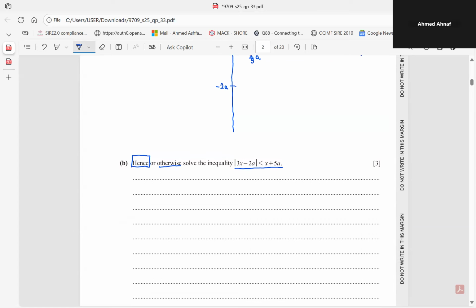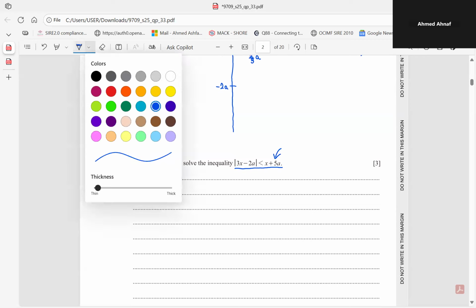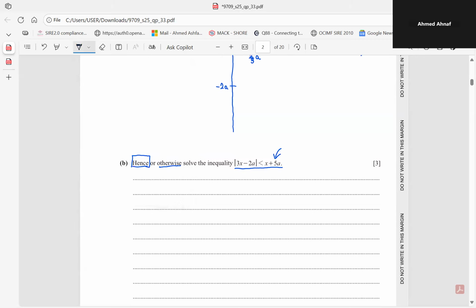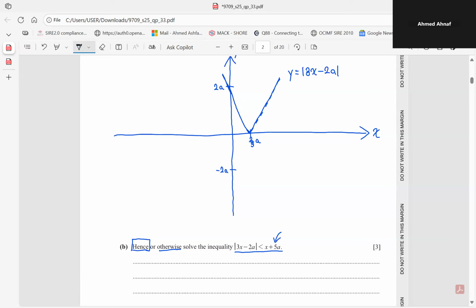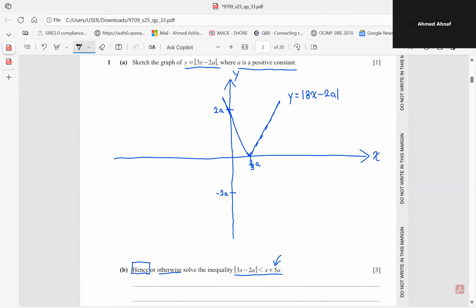Let's sketch this function right here, y equals x plus 5a. I'm going to do it in black. For x plus 5a, the y-intercept would be 5a, which is way up here.